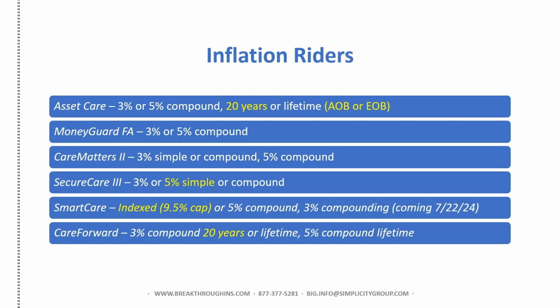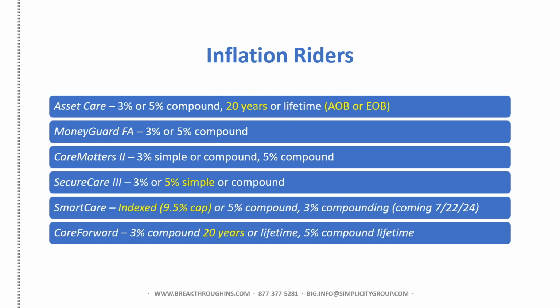One more thought about this Bright House Smart Care product. If you're doing business in New York, listen closely. The Bright House Smart Care product is the only product in New York where you can add inflation on the AOB. The only other product that's available in New York is Nationwide, and they do not have inflation on the AOB, the first 2 years of your LTC benefits.